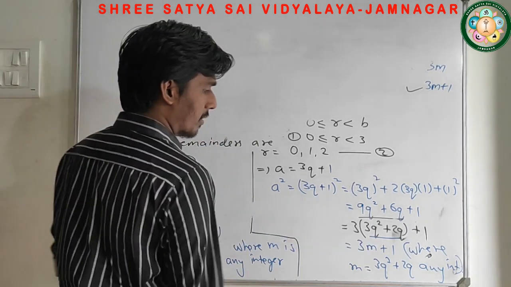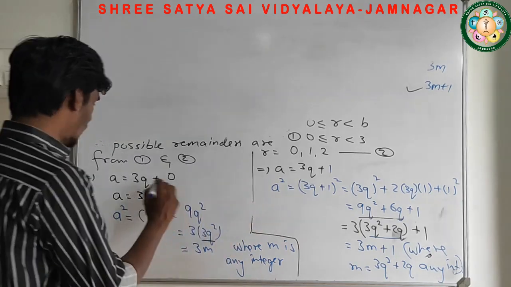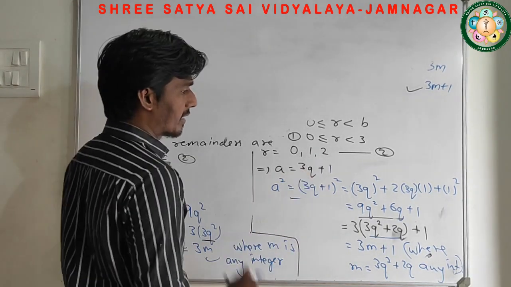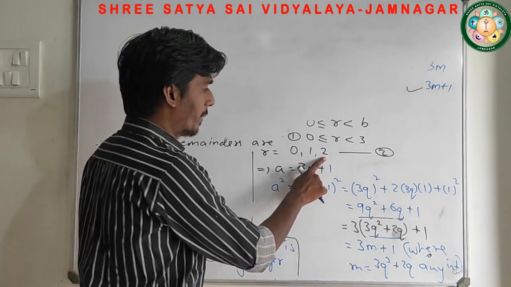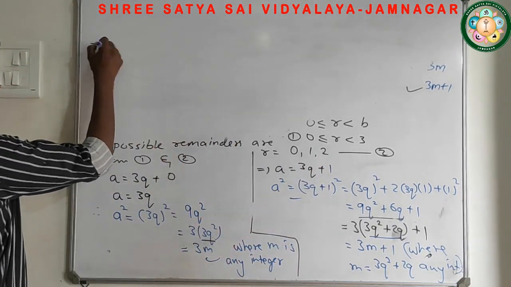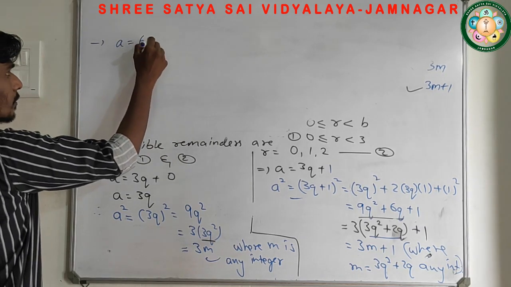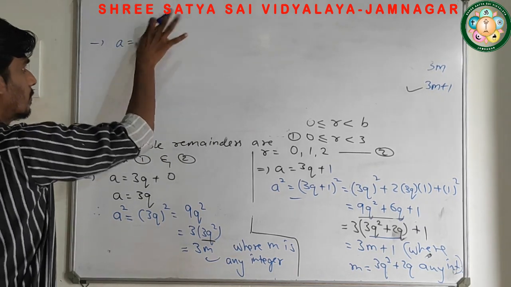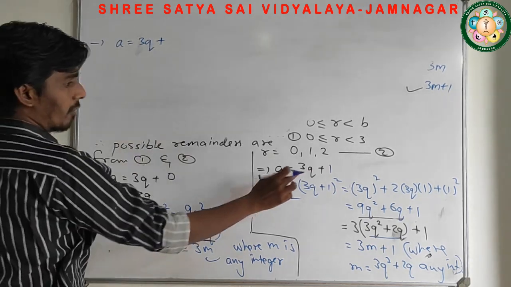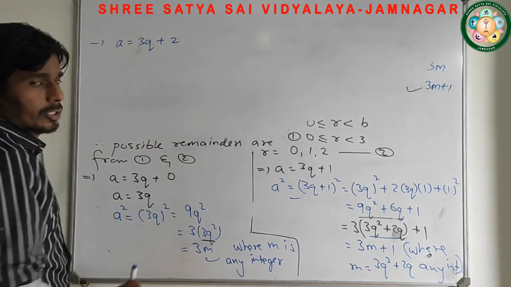Now this is the second proof. The first part we are done. This is the second part. One more remainder is left. Now what is the remainder? The remainder is 2. Again go back to the standard equation we got, that is a is equal to 3q plus, now instead of remainder I am going to use 2.